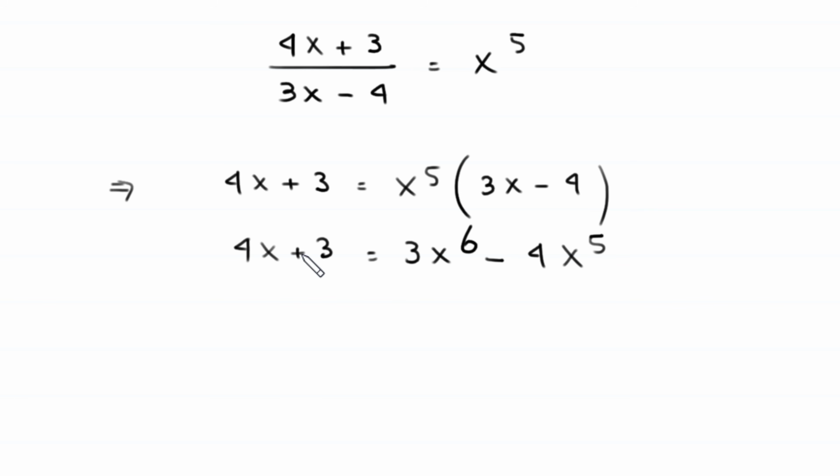Move these two terms to the right hand side, then this will become 3 times x to the power 6 minus 4 times x to the power 5 minus 4 times x minus 3 equal to 0.